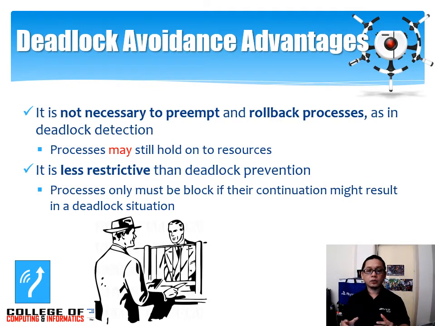So this is where deadlock avoidance has its advantages, because processes can still execute, but if one is unsafe, block that process for a while. After you have enough resources, then that blocked process can proceed.